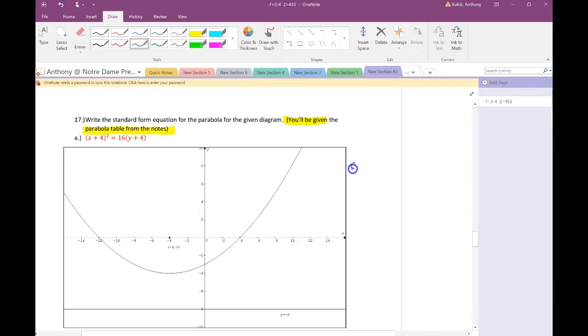All right, so the first thing I notice is that this is a parabola that opens up. So I'm going to be working from something in the form like this, right?